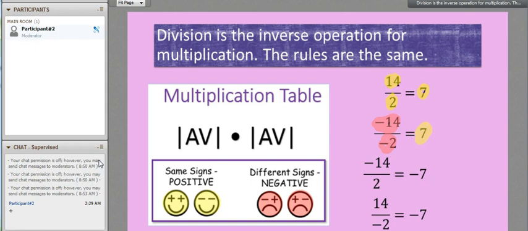A negative divided by a positive is a negative. And a positive divided by a negative is a negative. If the signs are different, they are negative.